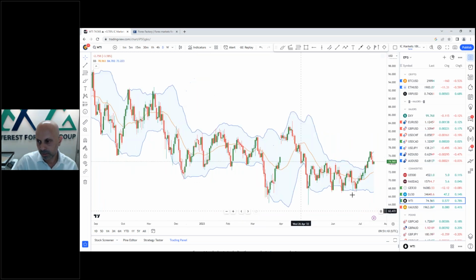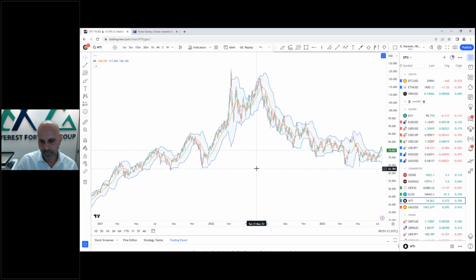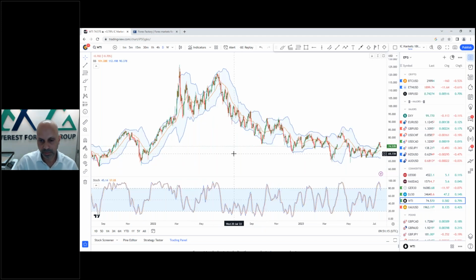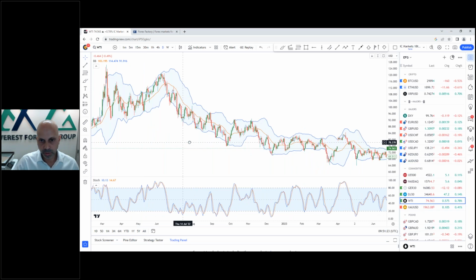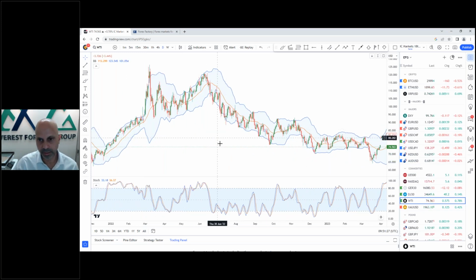So for oil, generally, what I've seen since most of last year and this year as well, especially on the daily chart, is that when we see a combination of the stochastics going below 20 and price pushing down on the lower Bollinger Band, typically it suggests that this instrument is oversold, and it potentially indicates a reversal in price as well.